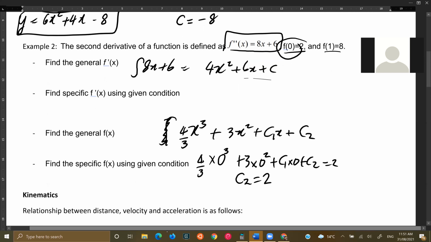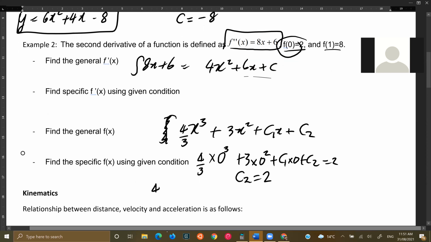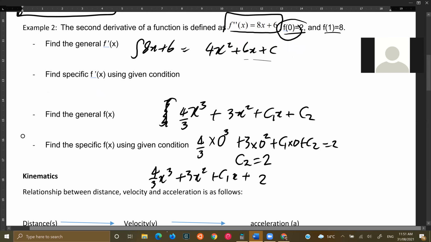Okay, so I've got 4 over 3 x cubed plus 3x squared plus c1x plus 2. Now I'm going to substitute when x is 1, y is 8. So 4 over 3 times 1 cubed, and 3 times that, plus c1 plus 2 is equal to 8.